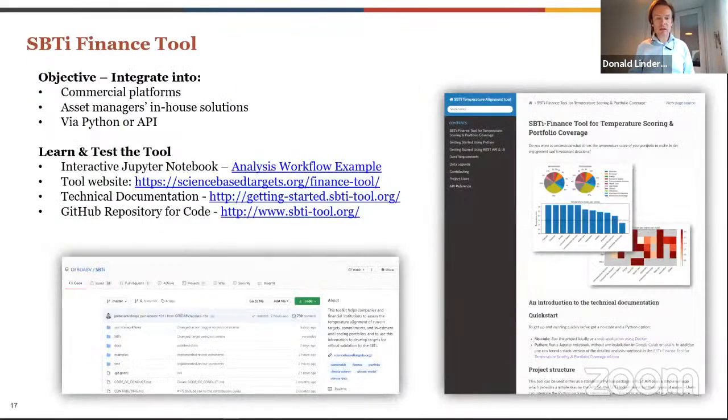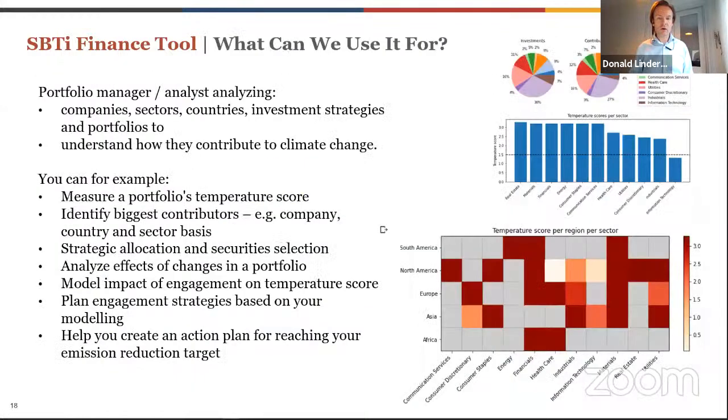So this slide is essentially just a bunch of web links that I'm going to leave with you, which shows you where you can find more information about the tool. This analysis workflow example is essentially what I'm going to go through right now and show you a little bit on how that actually works.